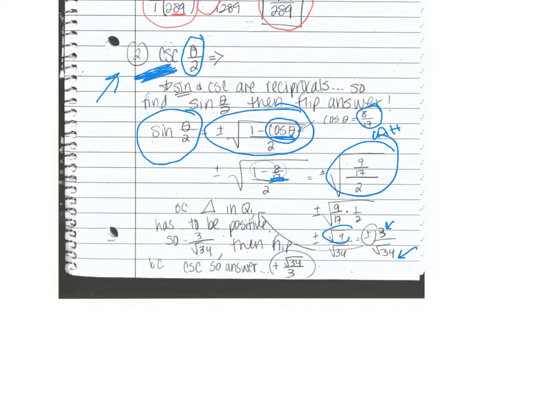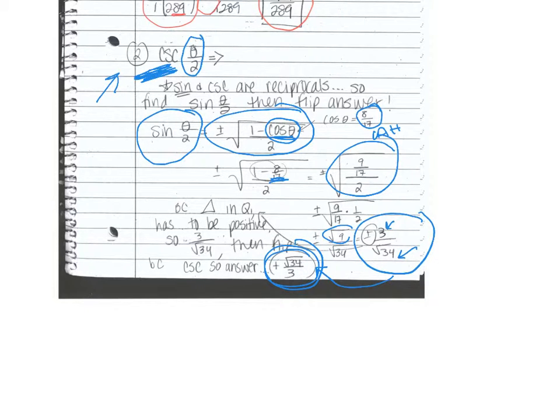Now, before we think about rationalizing the denominator, right away, we're not finding sine of theta over 2. We want the cosecant. So once we find the sine theta over 2, before we simplify, we can just flip that fraction, and cosecant of theta over 2 is root 34 over 3.